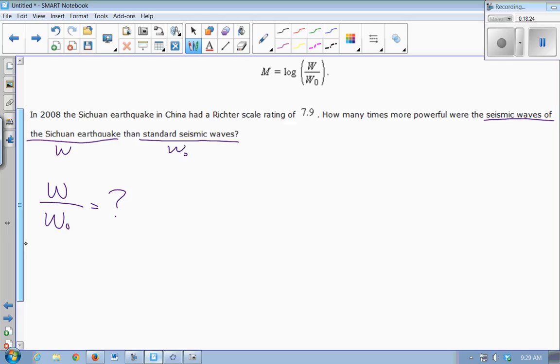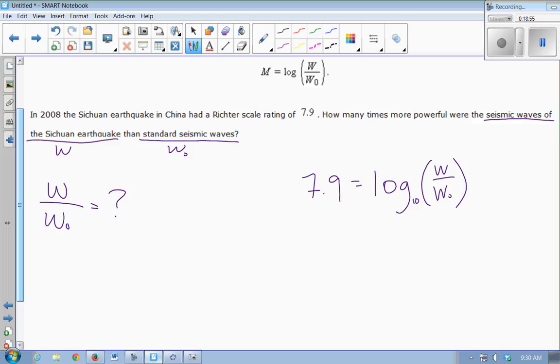So I know that my Richter scale rating is 7.9. So I'm looking for W divided by W0, so I can just solve for this. It's already written into the equation. So there's a little hidden base 10 here. And then what's the trick? How do I figure out what W over W0 equals? Switcheroo, yep.